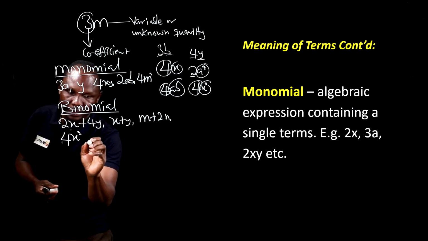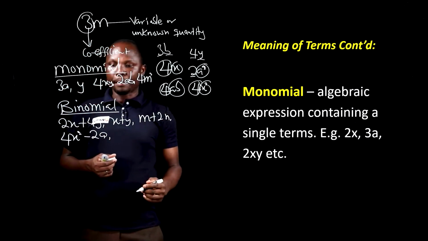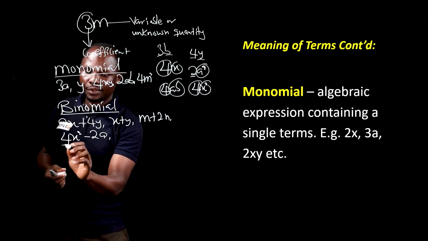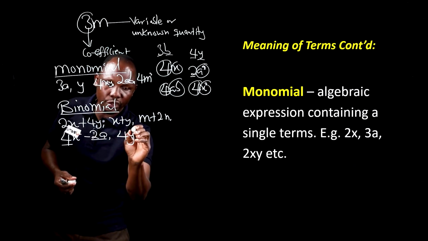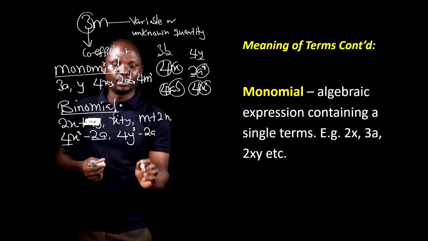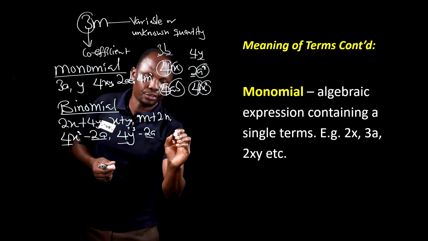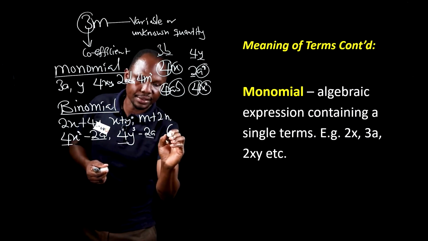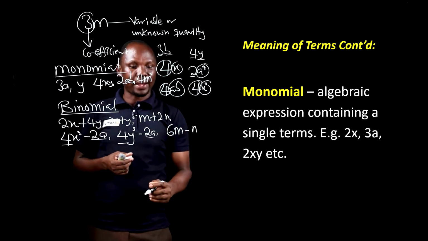4x squared minus 2a is a binomial. It contains two terms, one term, another term. 4y cubed minus 2a is also a binomial. First term, second term. If we have 6m minus n, it's also a binomial.